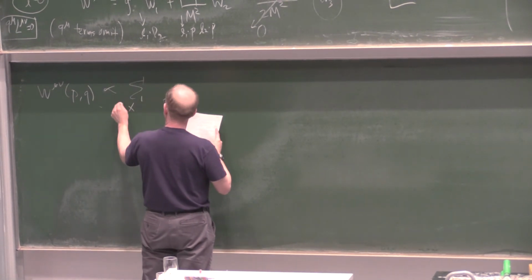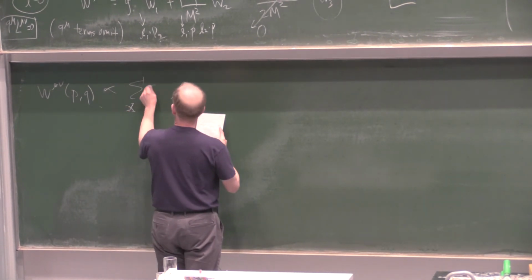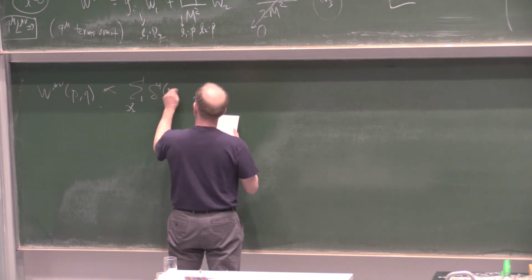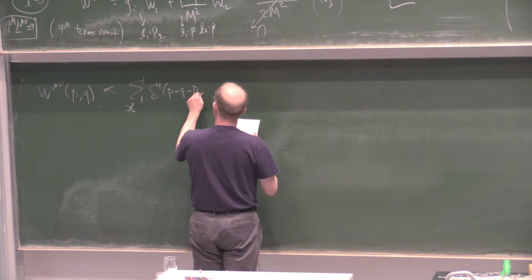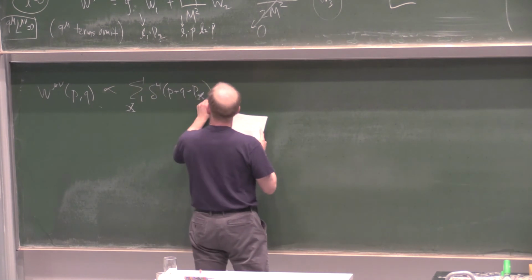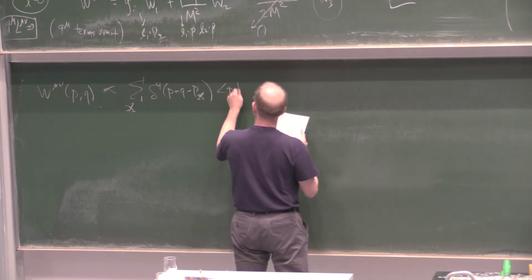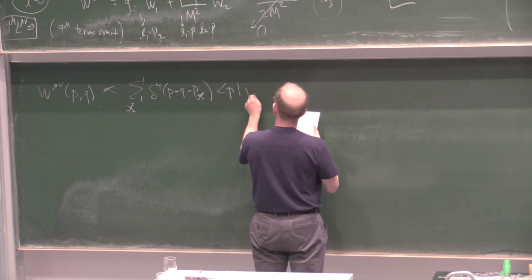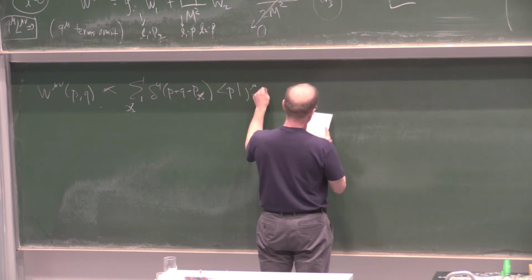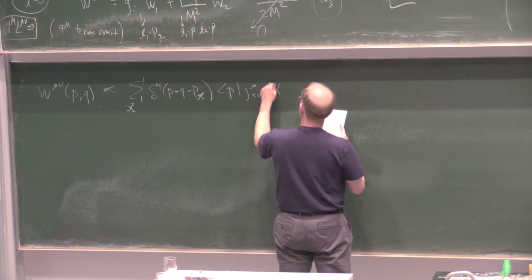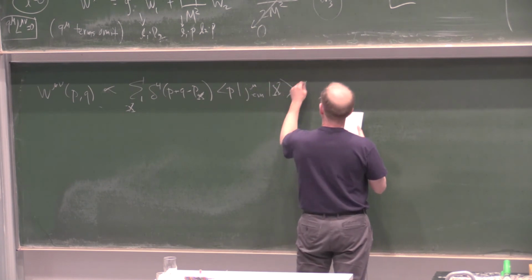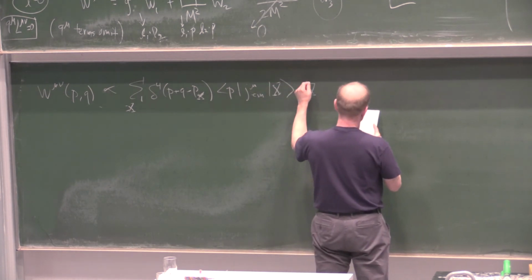It's a sum over the hadronic states X that satisfy momentum conservation of some matrix element of the electromagnetic current to make X, and then the conjugate amplitude.